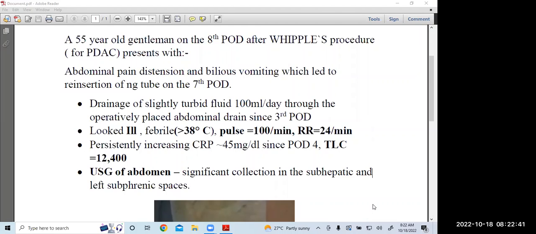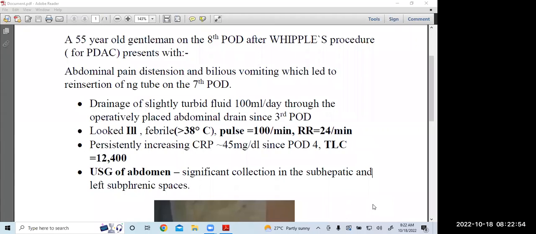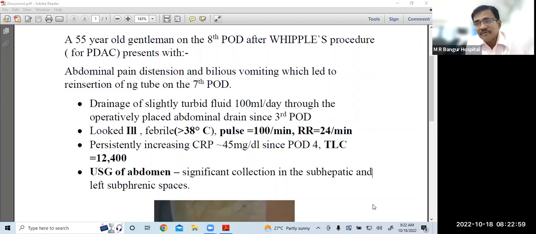Can pancreatic fistula occur following severe acute pancreatitis? Can it occur? Pancreatic fistula after severe acute pancreatitis. What happens in severe acute pancreatitis? What happens to the pancreas?